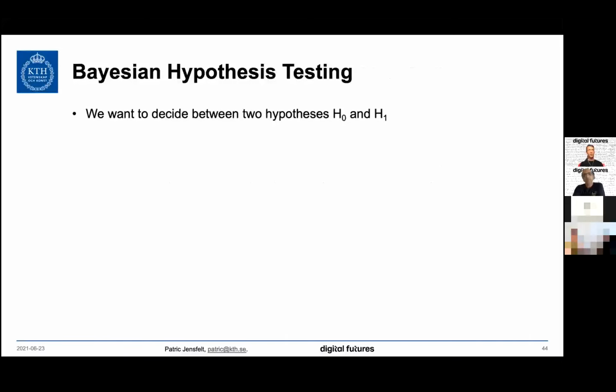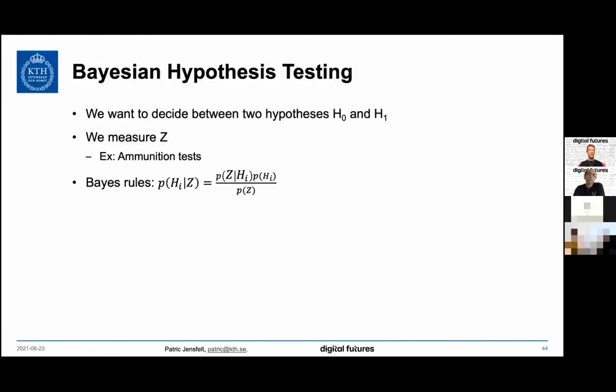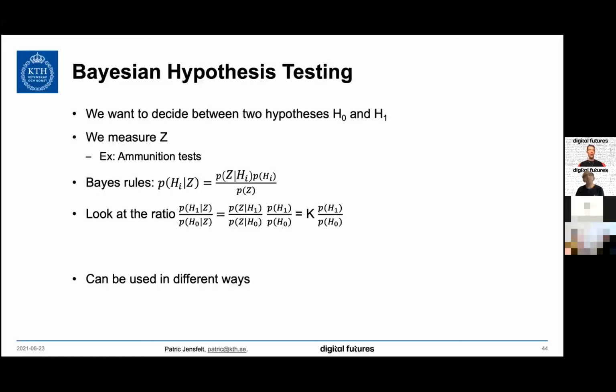So let's say you have two hypotheses, H0 and H1. You measure something, that might be some ammunition tests. Now you can use Bayes' rule. You can look at the probability for the different hypotheses, and you can look at the ratio specifically. So if you look at the ratio between those probabilities, we can write an expression like this.